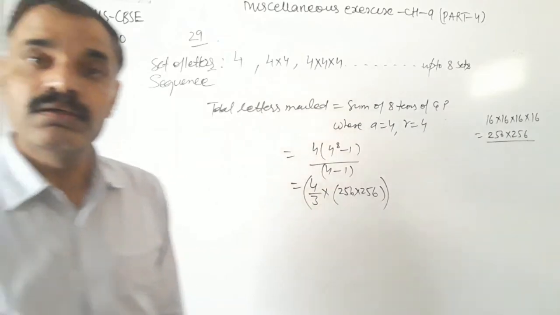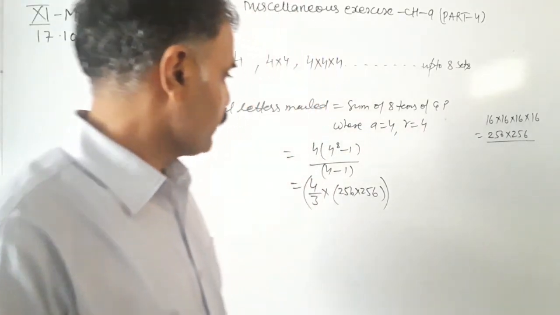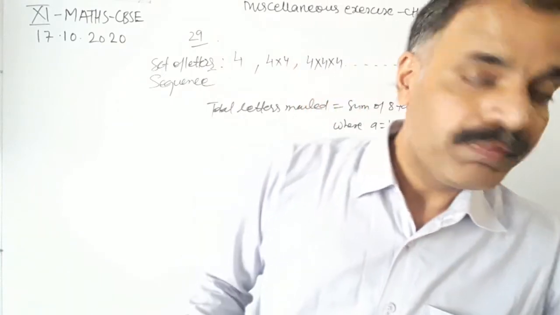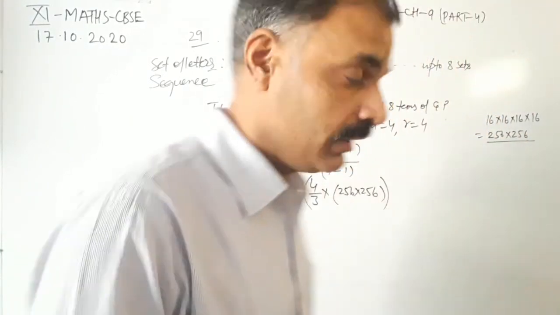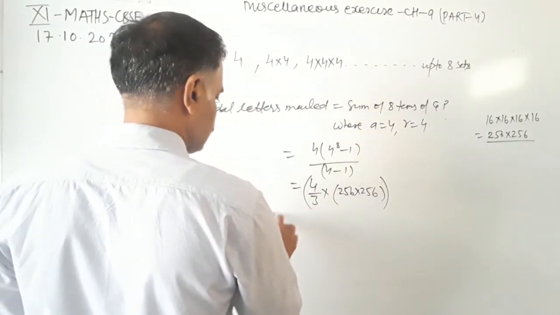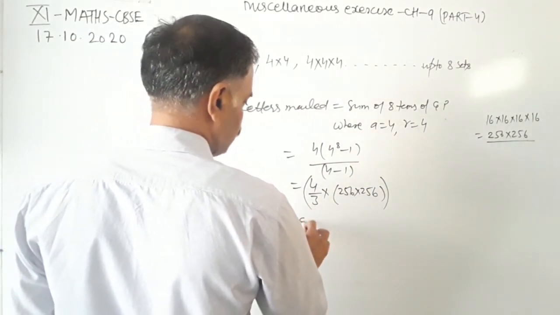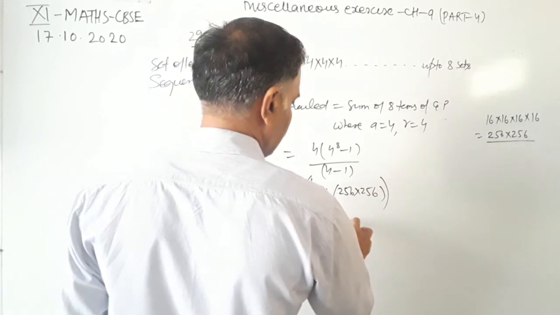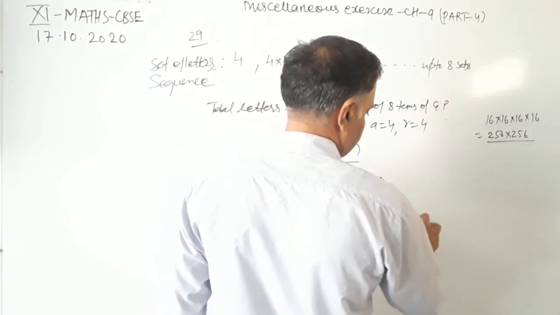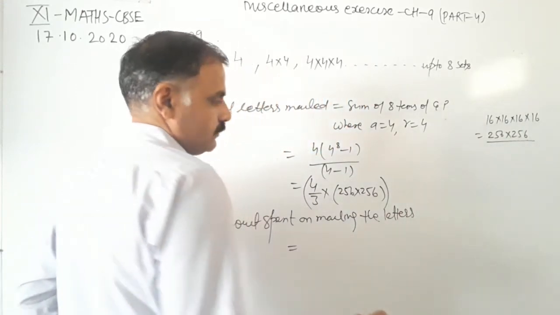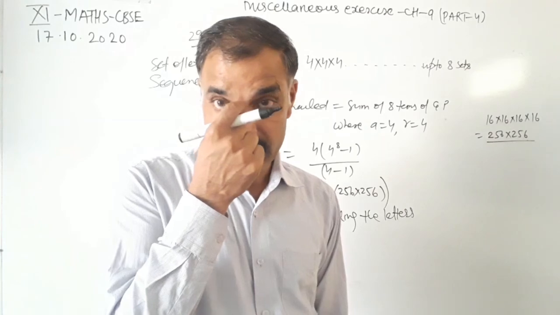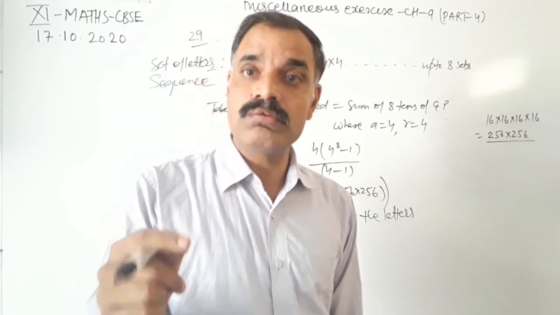Now we have to find the amount spent on mailing the letters. 50 paise is the cost of one mail.